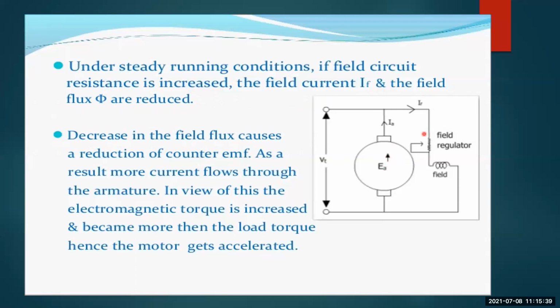So by increasing the field resistance, the current flowing through the field winding is decreasing, and the current flowing through the armature winding is increasing. Like this, by controlling the field flux, the speed of the DC motor can be controlled.